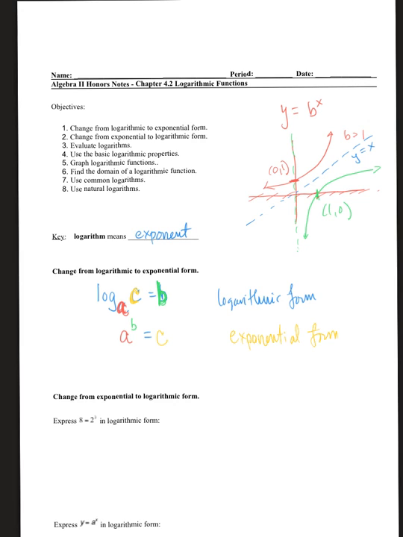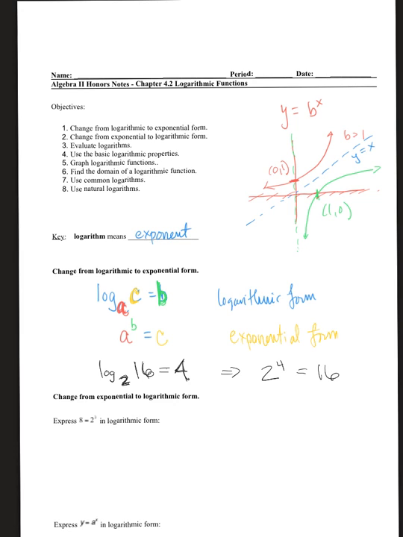So if I keep this in mind, if I look at an example, so let's say I have log base 2 of 16 equals 4, I can represent that in exponential form as the base 2 to the 4th power equals 16.